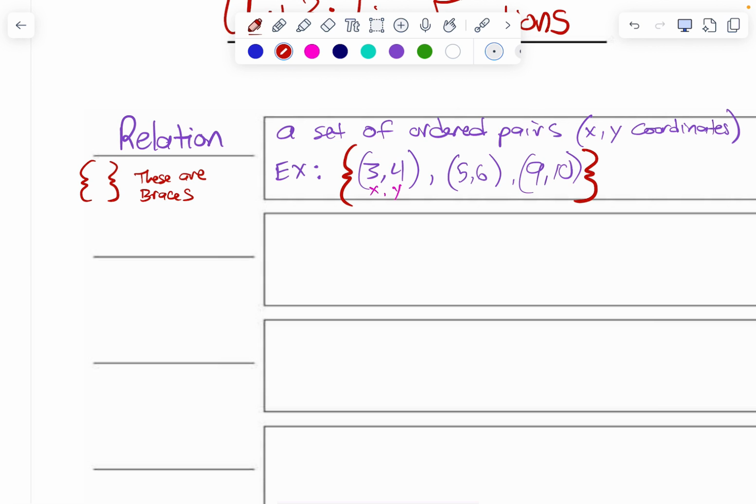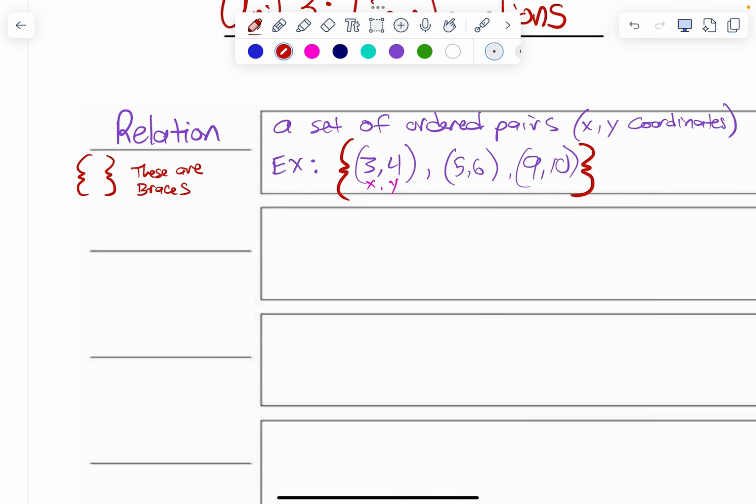Or maybe a relation, it doesn't always have to be numbers, by the way, of I work 3 hours or 3 days and then I get 4 days off or whatever. I don't know. There's a million ways to think of this. So it's just a set of ordered pairs. Okay? Let's get into what a function is because it builds on that.